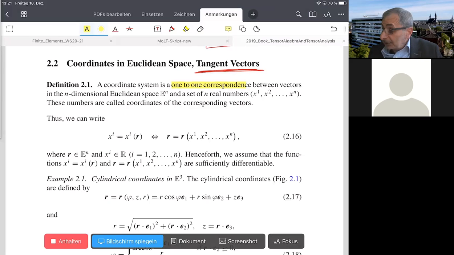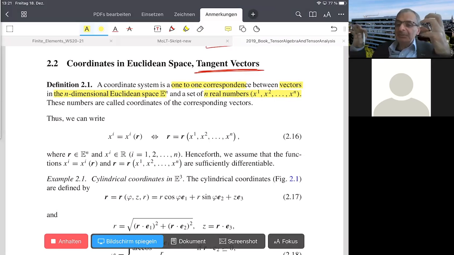Between vectors in the n-dimensional Euclidean space, and very important, exactly n real numbers, right? So that means that I have a vector in n-dimensional Euclidean space, and I get n numbers.